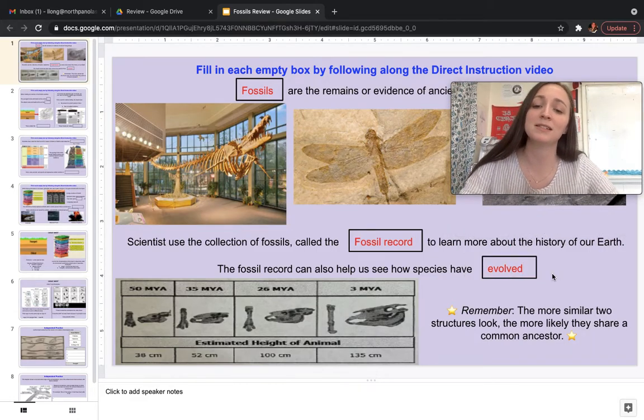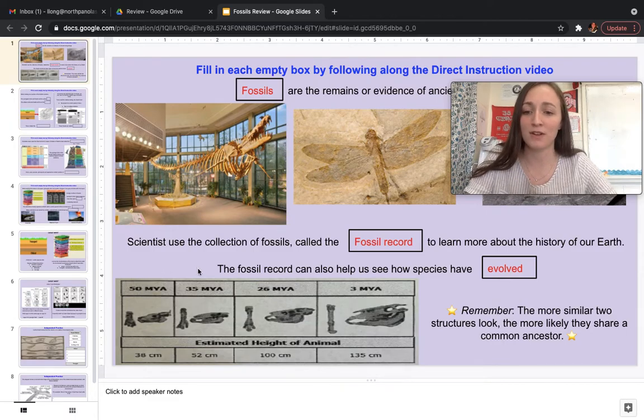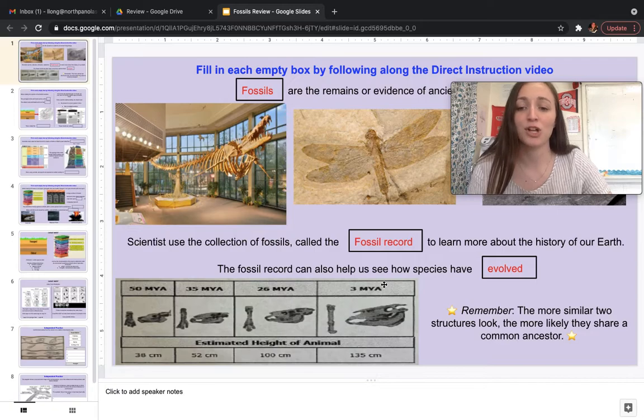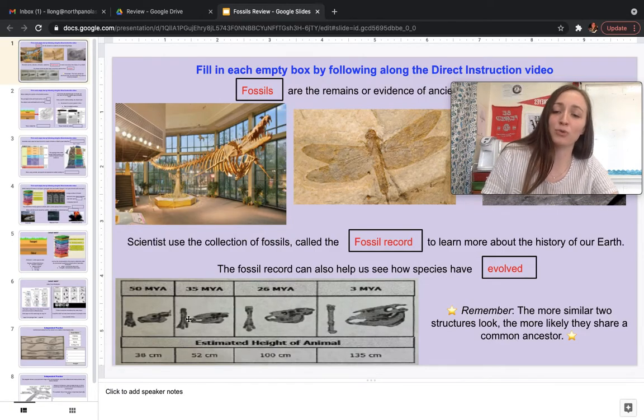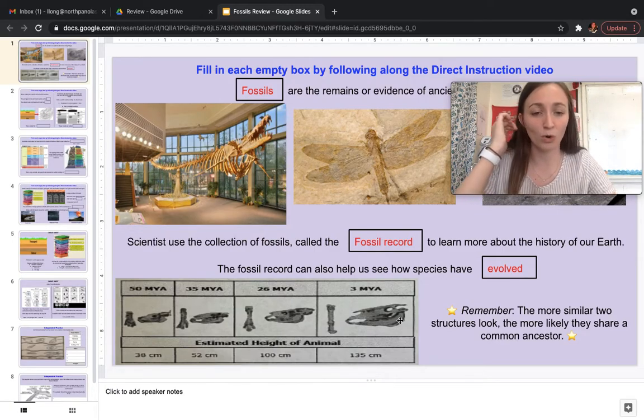So if we know that this is one species and we study it for 50 MYA, which just means millions of years ago. So here's that species 50 million years ago. Here it is 35 million years ago. Here it is just 3 million years ago. So we can see how its bone structure has shifted or changed or evolved over the course of millions of years.